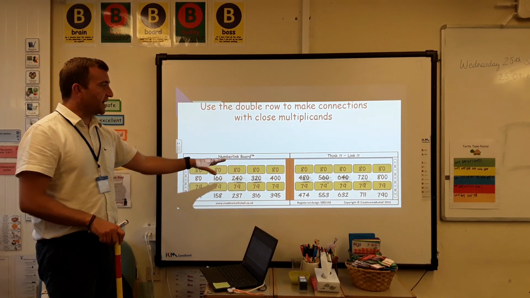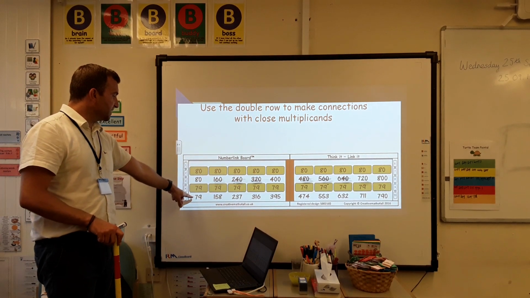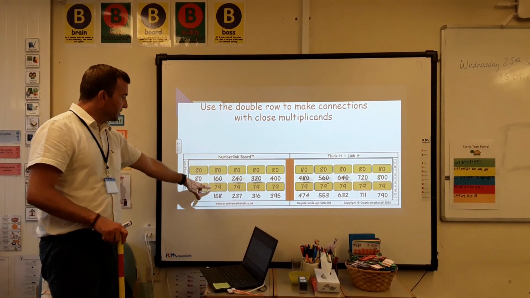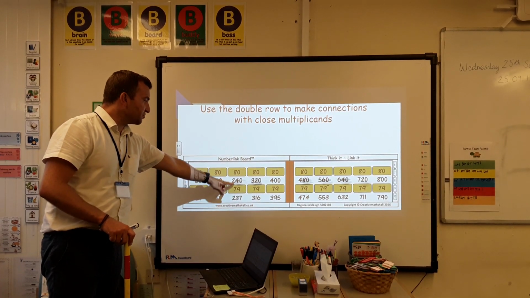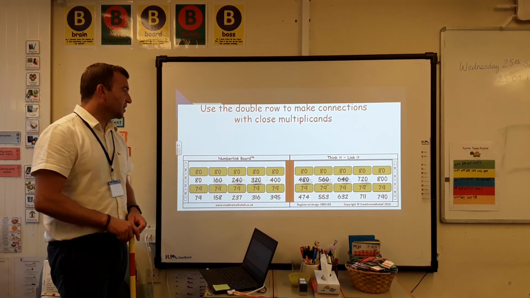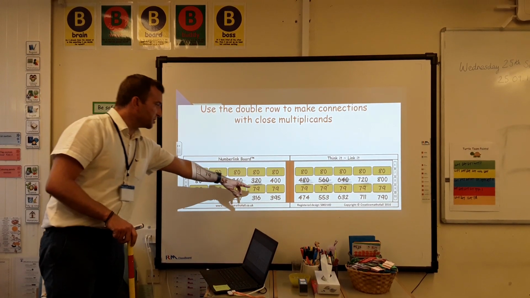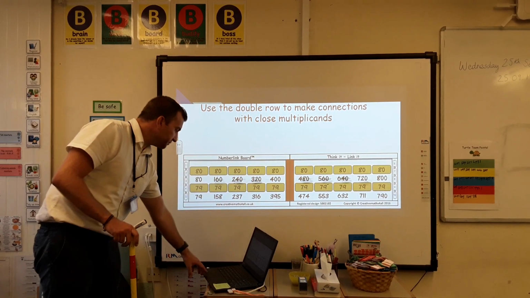So having the 80s above them, and then the children will think, right, well 1 lot would be 79, which is 1 less than 80. 2 lots is 2 less. 3 lots is 3 less. So actually the accuracy of counting in 79s will be there because the children are just subtracting 1 number each time as they're going along the board.